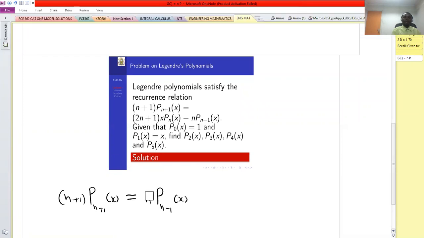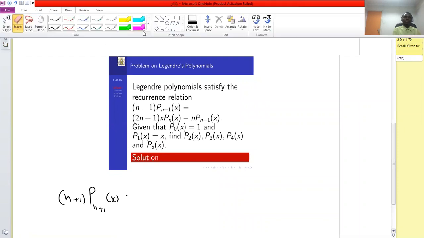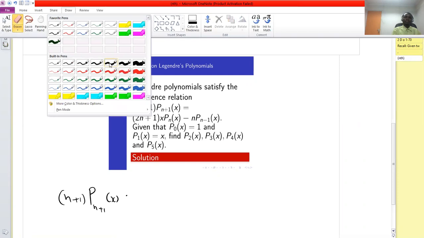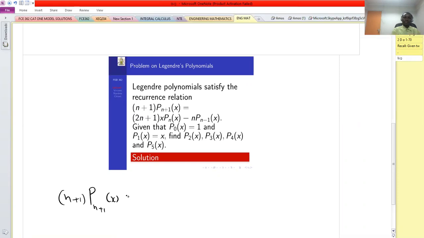This is the formula: (n plus 1) P sub n plus 1 of x equals (2n plus 1) x P sub n of x minus n P sub n minus 1 of x.